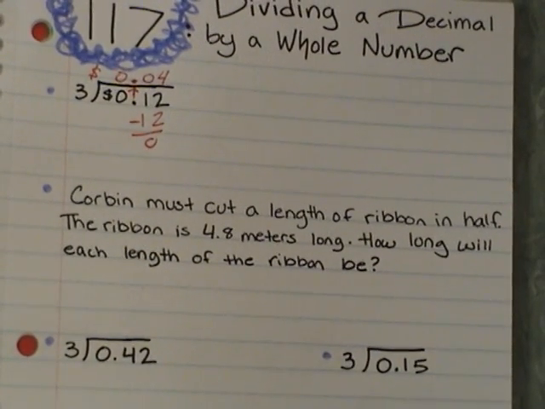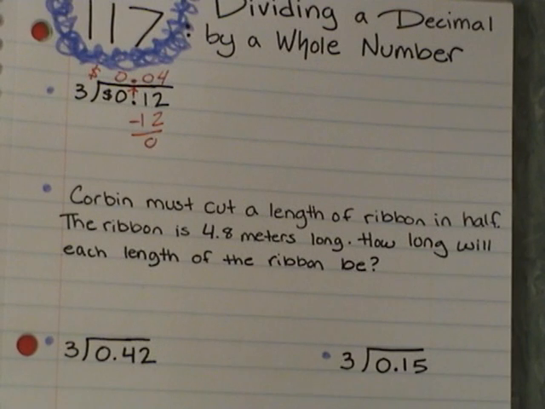Alright. Here's the next one. Corbin must cut a length of ribbon in half. The ribbon is 4.8, or 4 8/10, meters long. How long will each length of the ribbon be? So we're cutting it in half, so we're dividing 4 8/10 by 2.